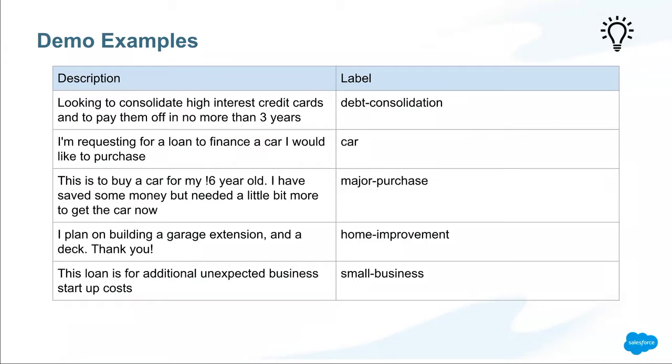Just one more example: this is a loan for additional unexpected business startup costs. Nowhere in there does it say small business, right? So having different scenarios and different things that people say, your label can still help. It's not keyword based; it's more context based. So the more data and examples you have, the better you'll be able to refine and train your models.